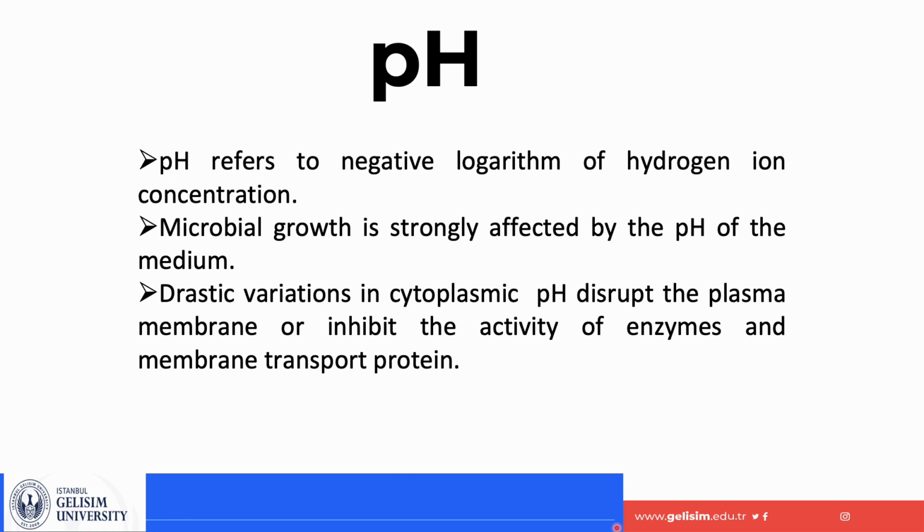So the optimal pH range for growth will vary depending on the microorganism. Some of these organisms grow best at a neutral pH of about 7. Others prefer acidic or alkaline conditions. So for example, acidophiles are microorganisms that grow best at a pH of about 5.5, while alkaliphiles grow best at pH levels above 8.5.